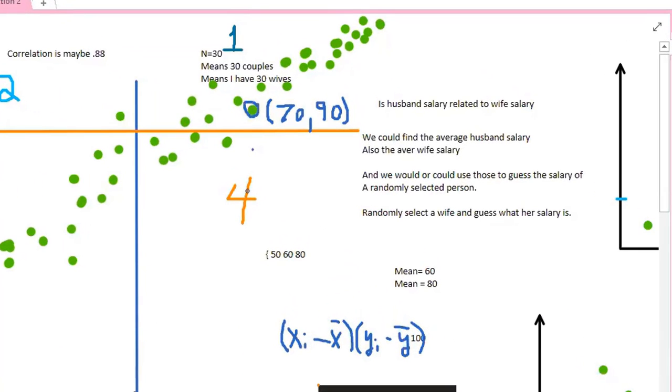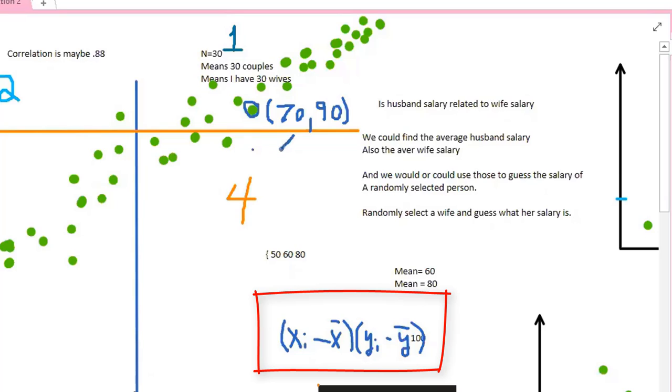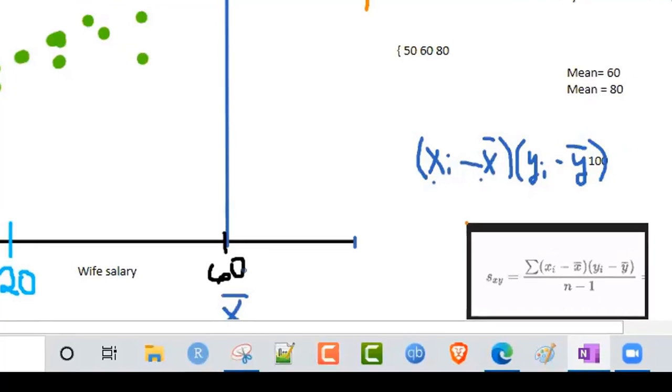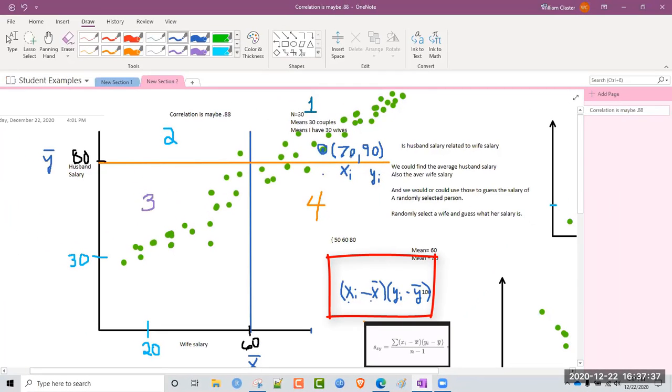If that's true, this is the x coordinate, call it xi, and this is the y coordinate, yi. So xi minus x bar: xi is 70 and x bar is 60, so 70 minus 60 is 10. But I don't care that it's 10. I just want to say that it's a positive number.